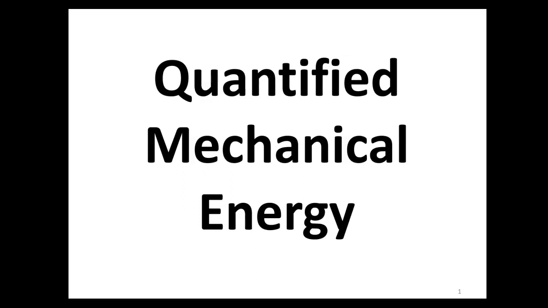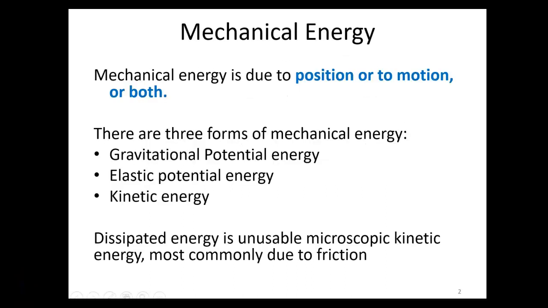This webcast will talk about how to calculate different types of mechanical energies. When we talk about mechanical energy, we're talking about energy that a system has due to its position or its motion or both of those things.